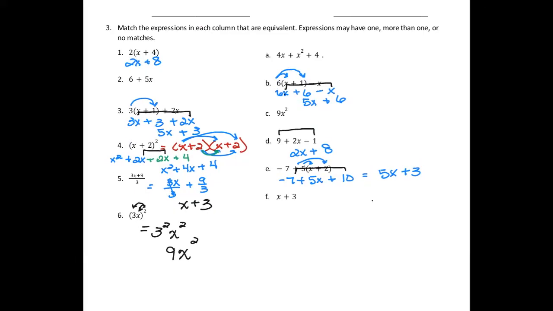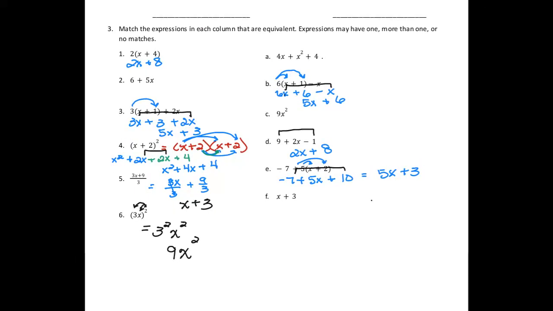So now I can match them up. And I'll do a little bit thicker thing here. So 2x plus 8. So 1 goes with D. Okay.